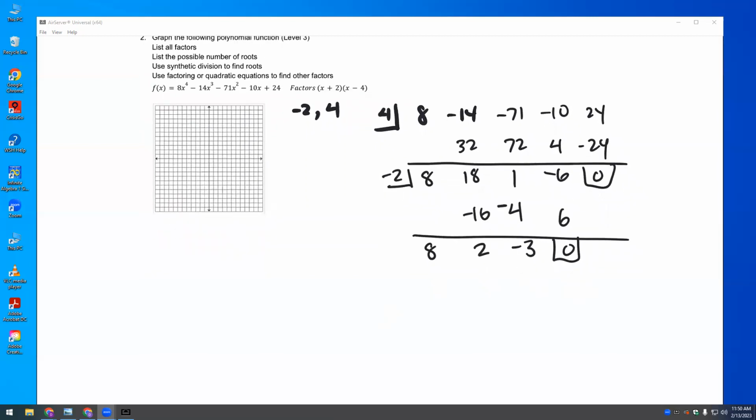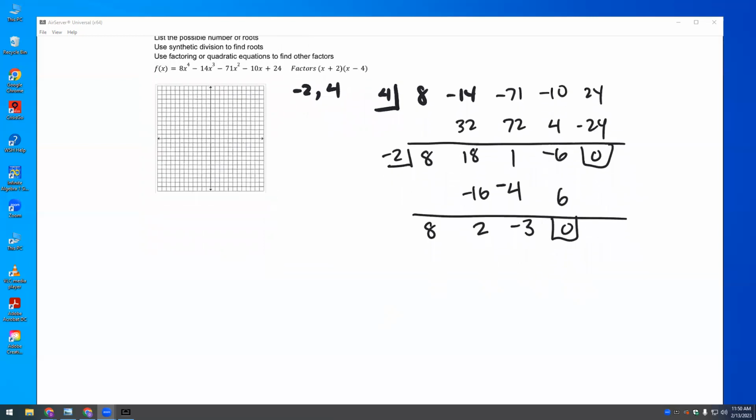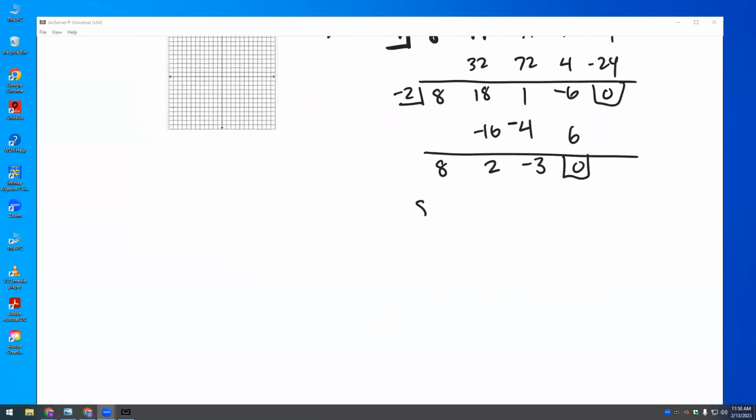Okay. All right. So now we have 8x squared plus 2x minus 3. Can you factor this? So this will be -24 and 2. So what? 6 and 4. Thank you. And then you put the 8 above. So this will be 4 over 3.